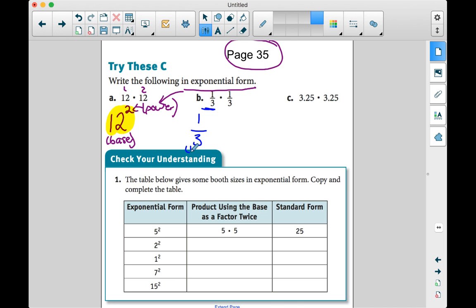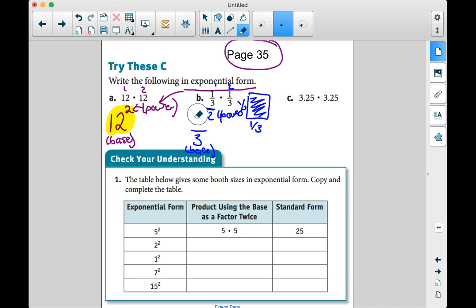Okay, so that's what is going to be my base. And I have 1, 2. If this were a square and this side were 1/3, this would also be 1/3. So my area right there would be 1/3 times 1/3, so it would be 1/3 squared. And we call it squared because it's in the shape of the square. So that 2 right there, that's my power.